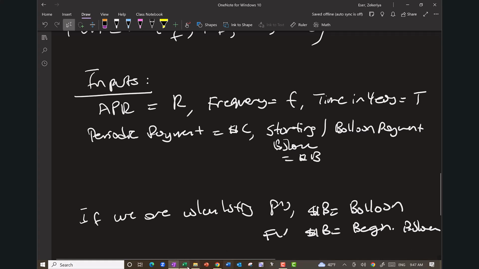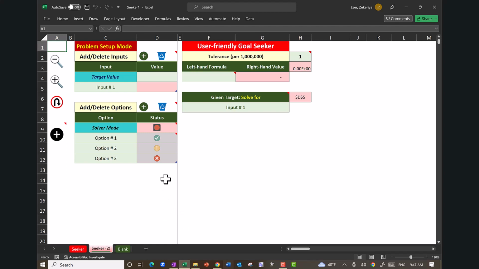So let's go ahead and be a little bit smart. First of all, I don't need these two options, so I'm going to delete those.